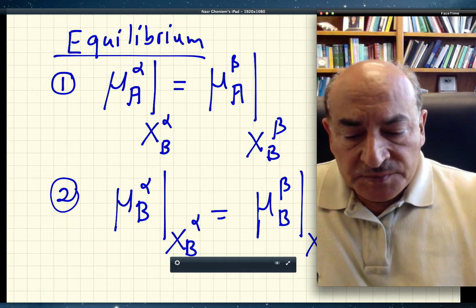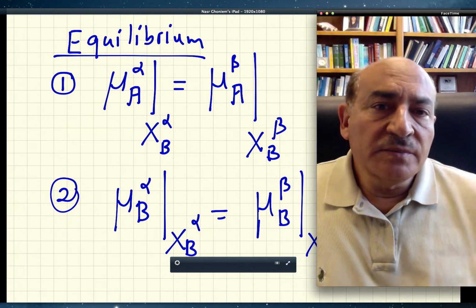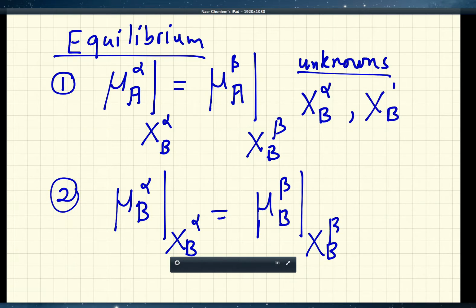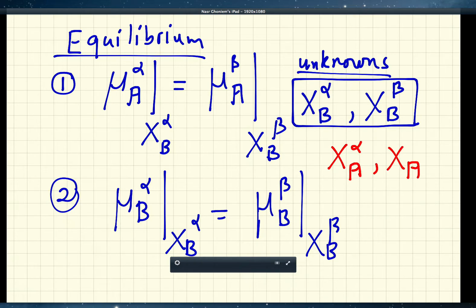The unknowns are x sub B in the alpha phase and x sub B in the beta phase. So these are two unknowns that we are looking for. Once we find them, of course, we can find x sub A in the alpha phase and x sub A in the beta phase, because we know that these are the complements of x sub B in the alpha and the beta phase respectively.